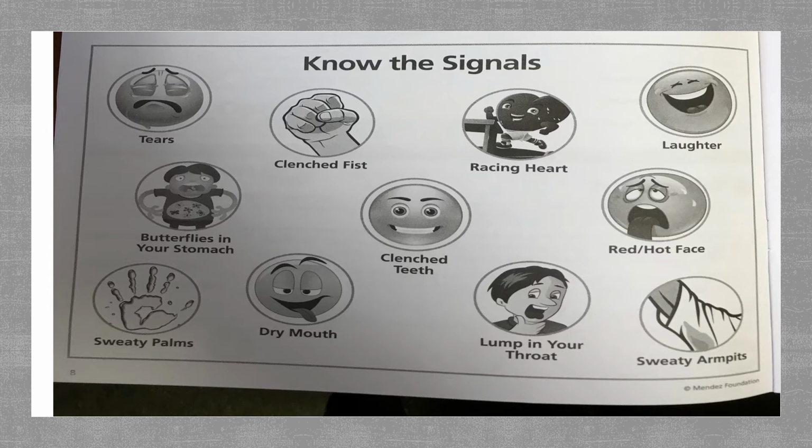Okay, these are all different body signals that we need to recognize so we can help identify how we are feeling, and then once we identify how we are feeling, then we can manage those emotions.